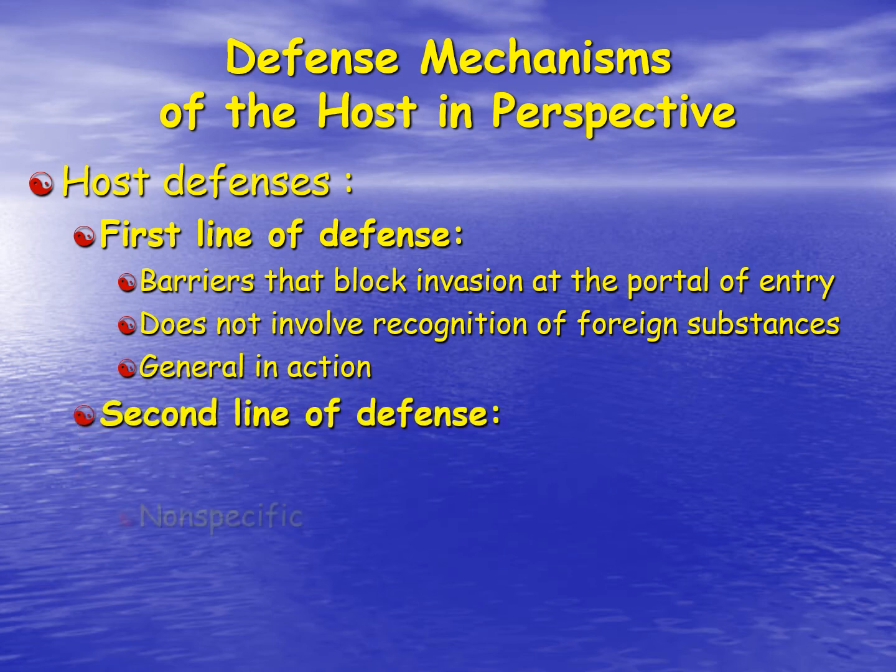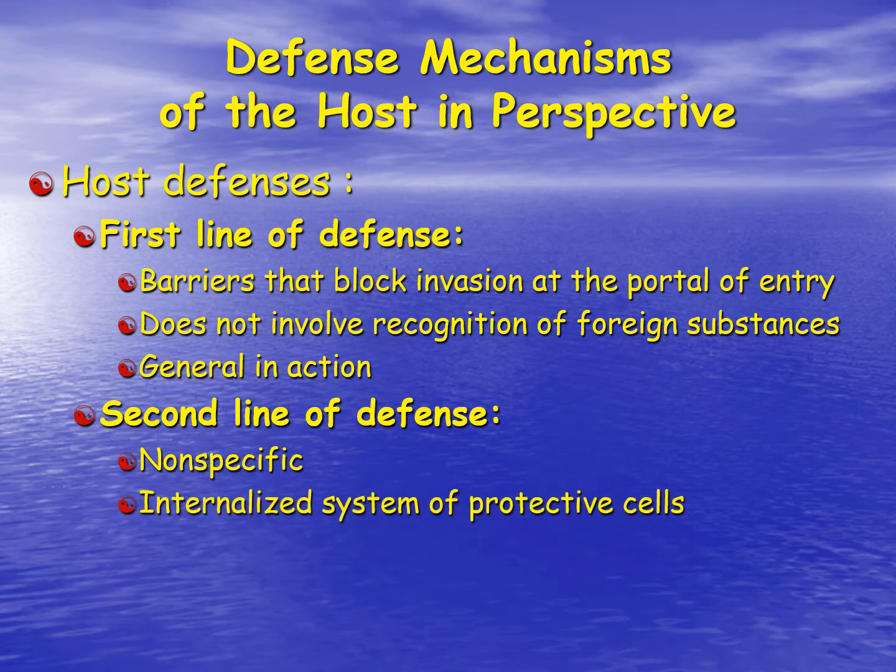Our second line of defense is also nonspecific and innate, and it is an internalized system of protective cells and the process of inflammation and phagocytosis. And so in this chapter, we're going to talk about these first two lines of defense.